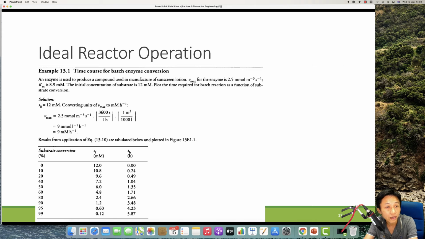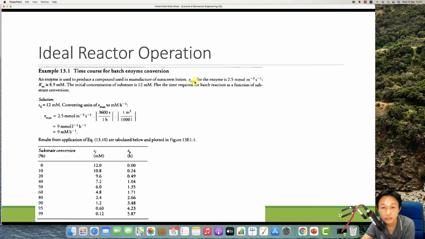Okay, and here is an example of calculation. I will have a look at maybe one or two. So this is the first example, time for batch enzyme conversion. An enzyme is used to produce a compound.